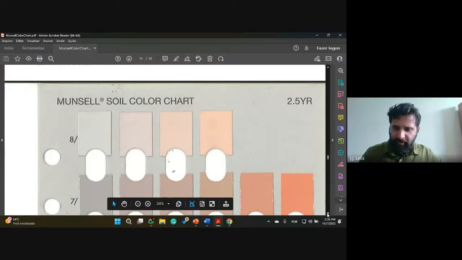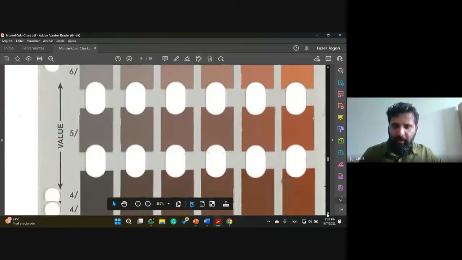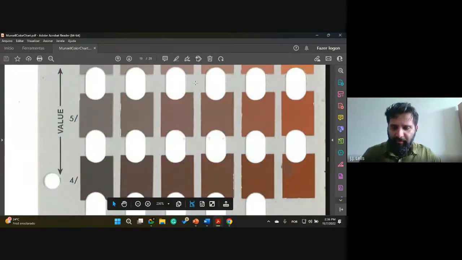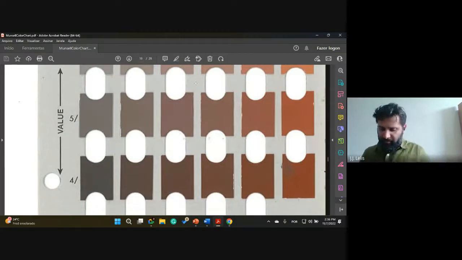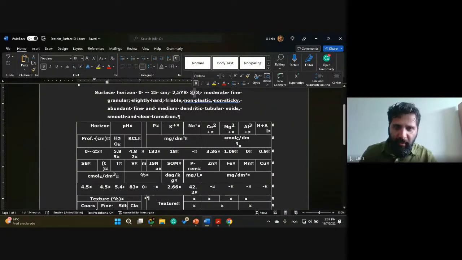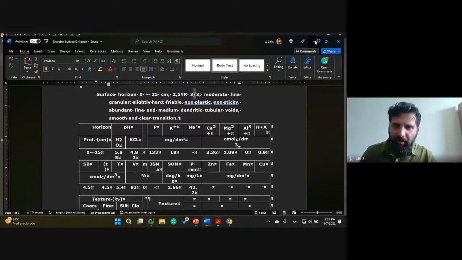Just like here. The color present has 3 of value and 3 of chroma.